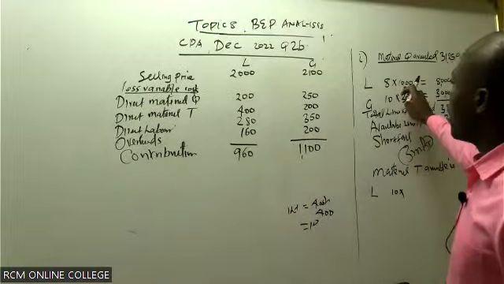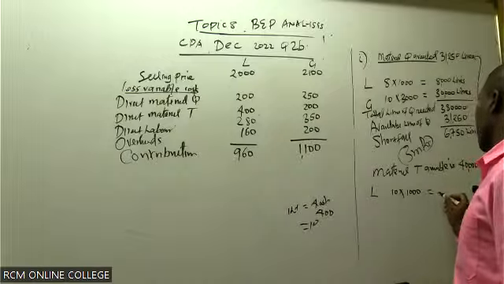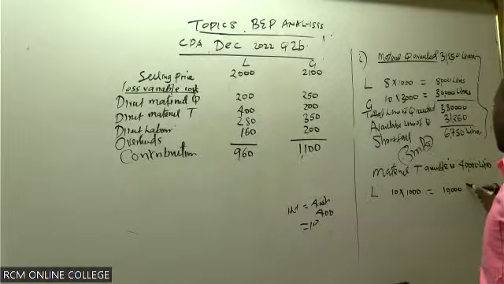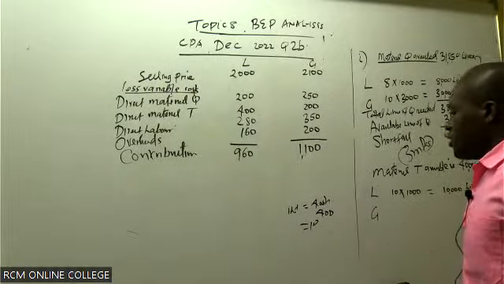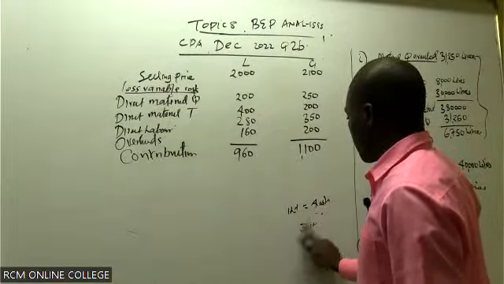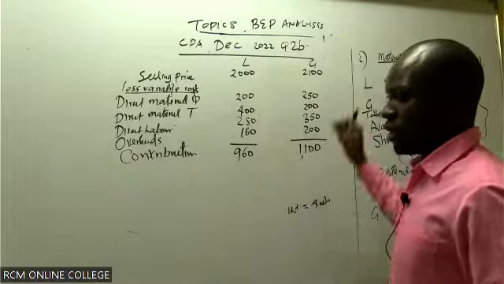And the market demands how many units of L? 1,000. So we have 10,000 liters. Then we come to G. For them, 1 liter is equivalent to 40 shillings. But how much did they spend to produce 1 unit of G?